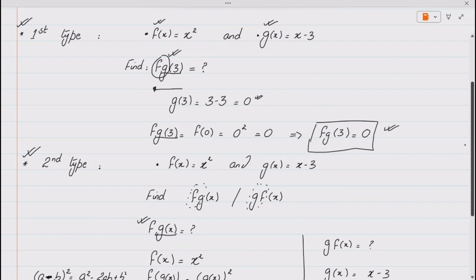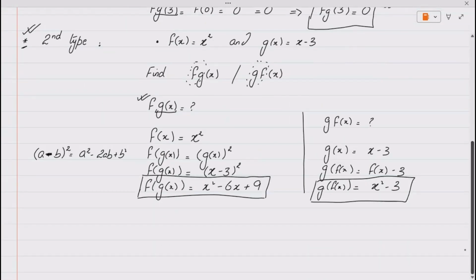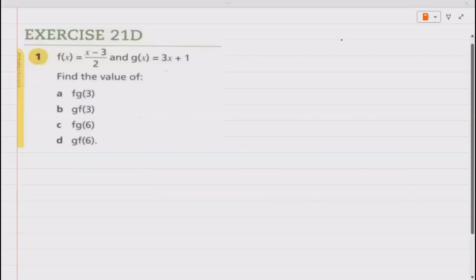But in this exercise, we learn some advanced questions of both types. So let's start the exercise questions. There is nothing new in the exercise. We just have to do advanced questions of these two types of composite function questions.